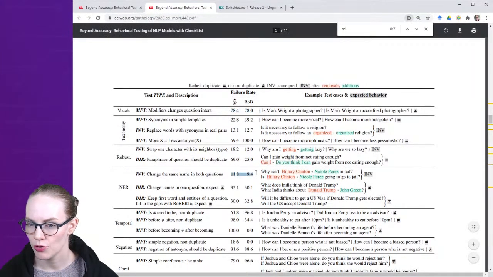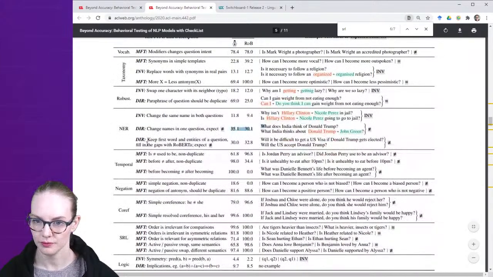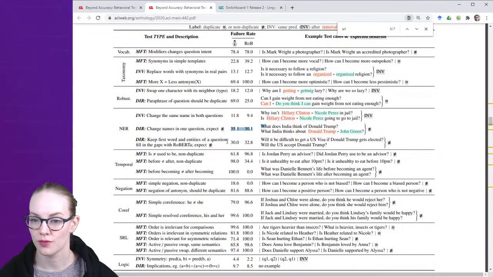Changing the same name in both questions, the models tended to do pretty well on. Changing one name, they were tripped up by more often. And just generating questions using a neural language model that should change the intent, they were tripped up by that again pretty often.